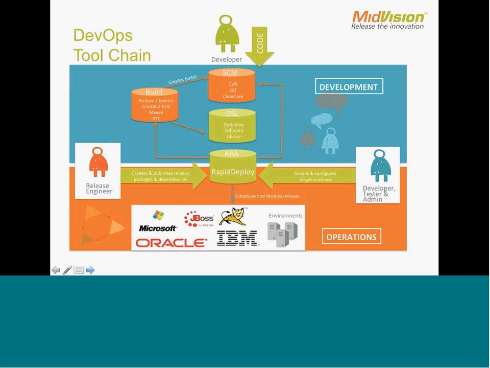They install and configure them, and a deployment package can be built from the application and all configuration, and then these deployment packages can be deployed to different products. We support Microsoft, Oracle, JBoss, IBM, and other software vendors as well.